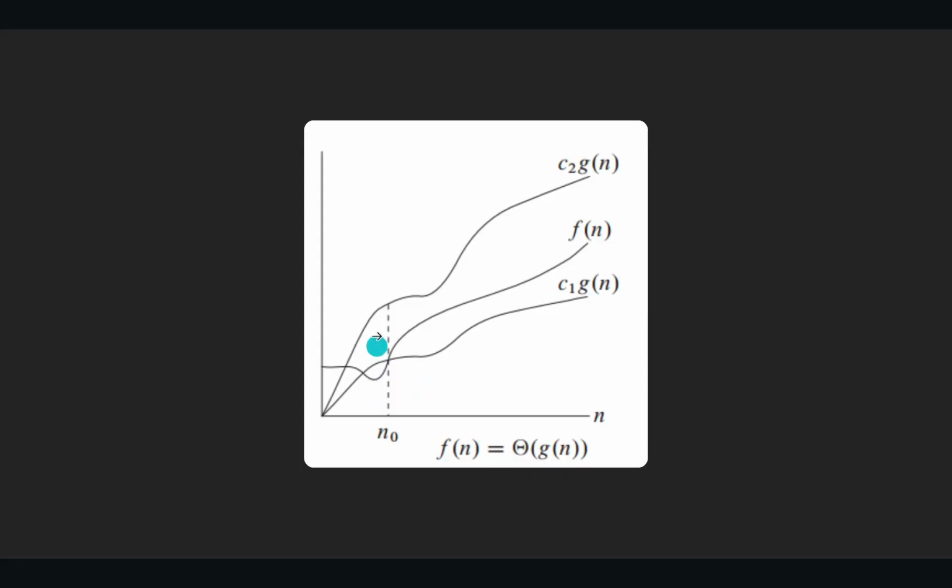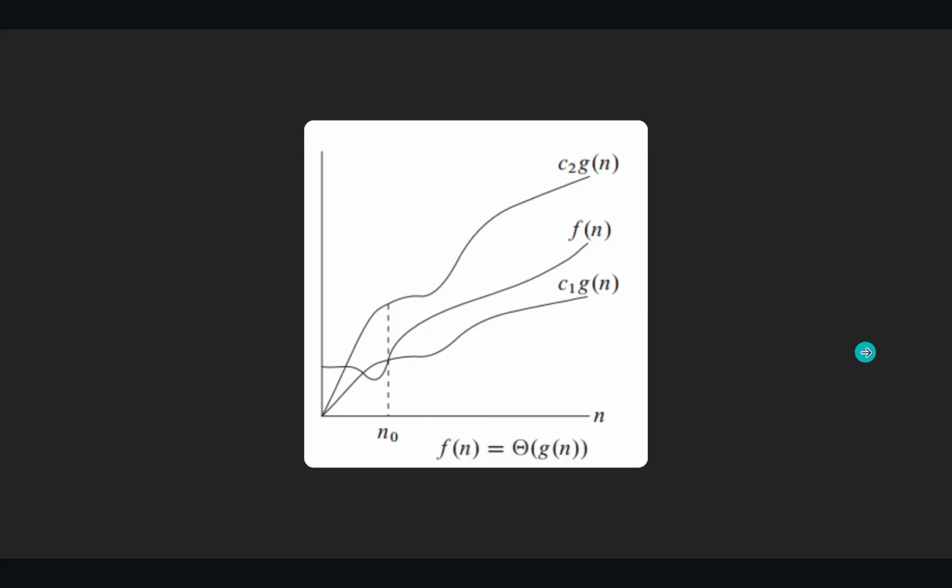One thing you can see is that n naught isn't shared between these two comparisons, these two boundaries. C2 times Gn goes above Fn from the beginning. For C1 times Gn, n naught is over here.